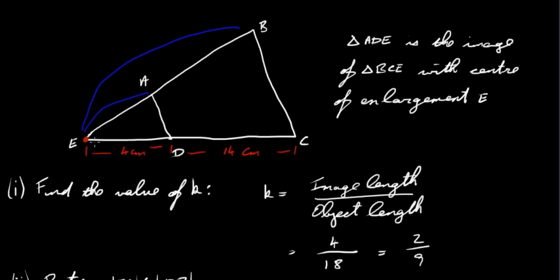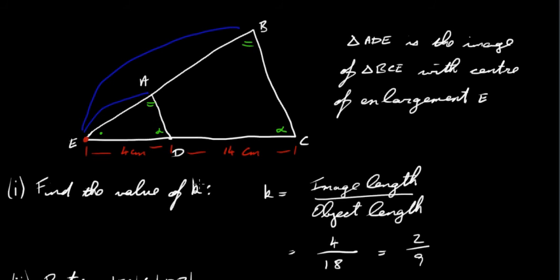In other words, this angle here is common to both triangles, so it's the same in both triangles. This angle here is going to be the same as this angle here, and this angle here is going to be the same size as this angle here. So we've got similar triangles. Enlargements will give you similar shapes where the angles are preserved. The angles remain the same.